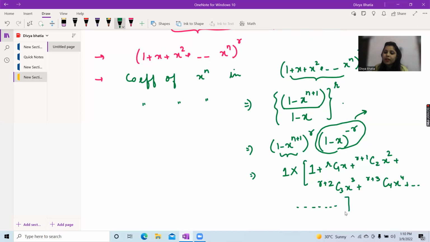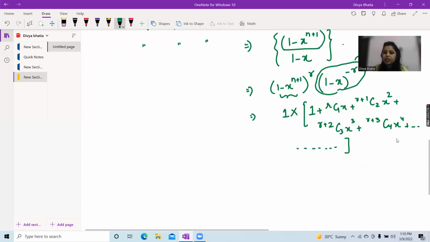We are interested in finding the coefficient of x to the power n. As you can see the pattern, if this is x to the power 4, here I am getting 3. So if it is x to the power n, I'll get n minus 1.